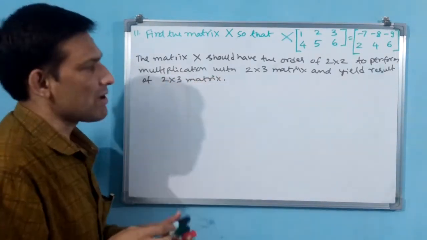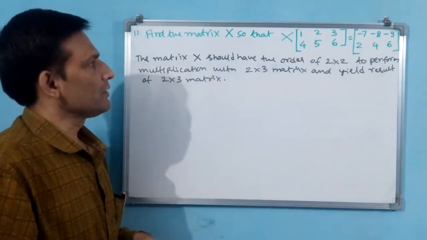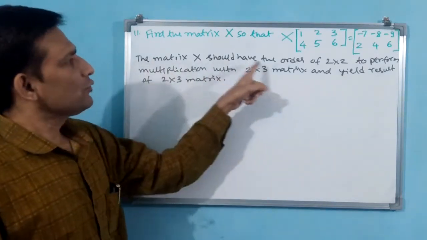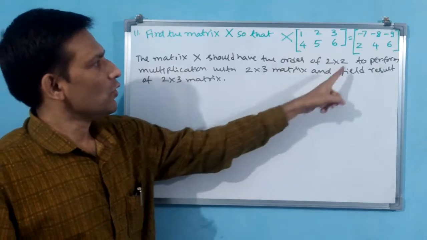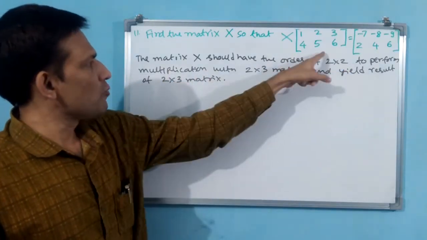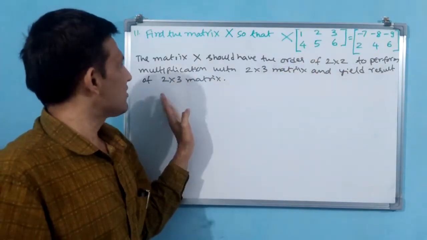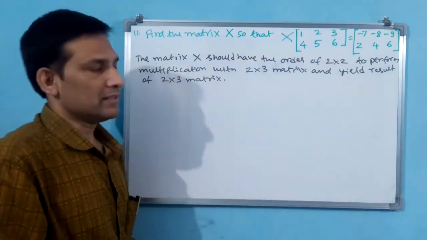Okay, first you understand what I have written. The matrix X should have the order of 2 by 2 to perform multiplication with a 2 by 3 matrix and yield a result of 2 by 3 matrix.